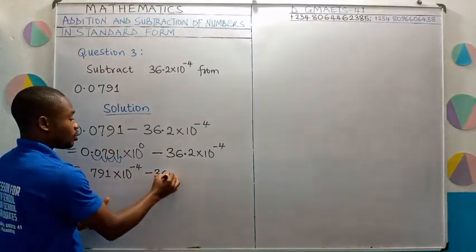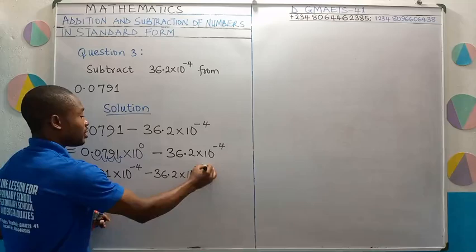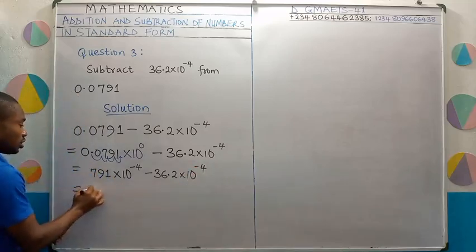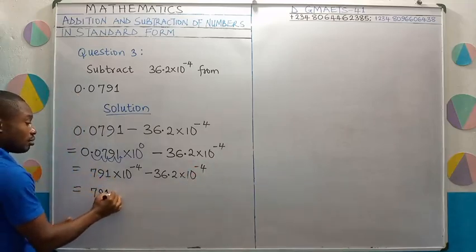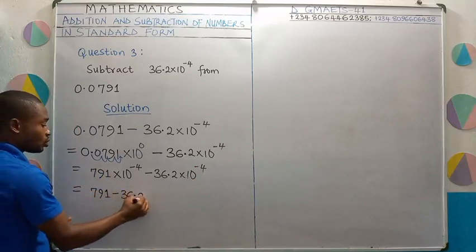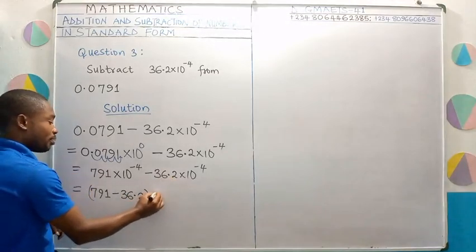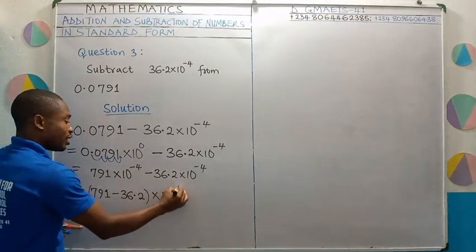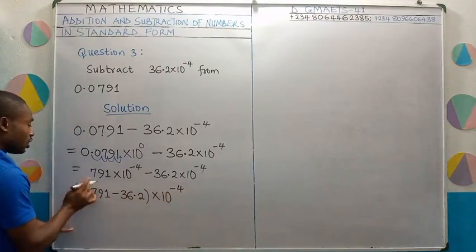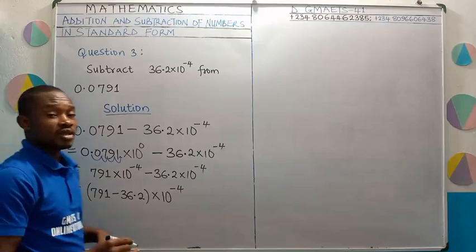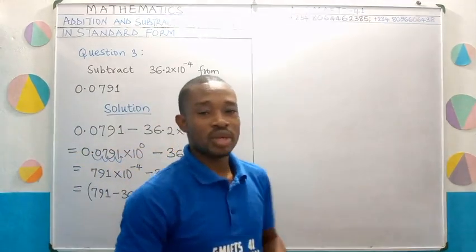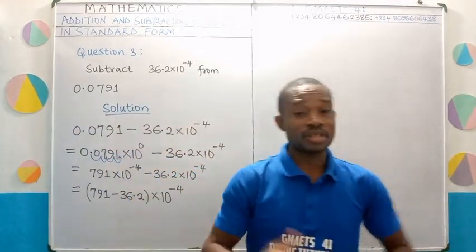Then minus 36.2 times 10 raised to the power minus 4. This is equal to 791 minus 36.2, this minus this. Then pick one of the 10 raised to the power minus 4, which is common to both of them. So you see, we handle this much similar to the way we solve addition of numbers in standard form.